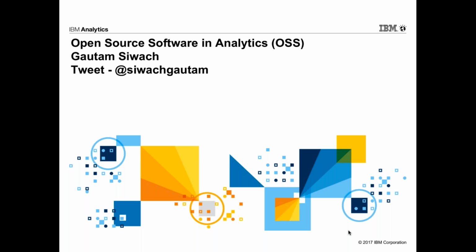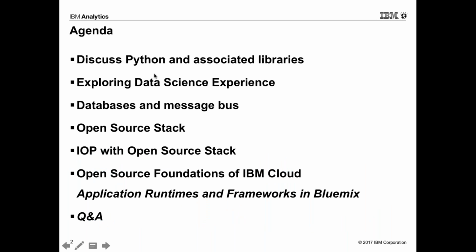So the agenda of today's discussion is Python. Python is one of the programming languages, and there are associated libraries. What that means is, when you have to make a program achieve a particular task, there is code that we write. When we start writing it, most of the time we follow a class and object principle.